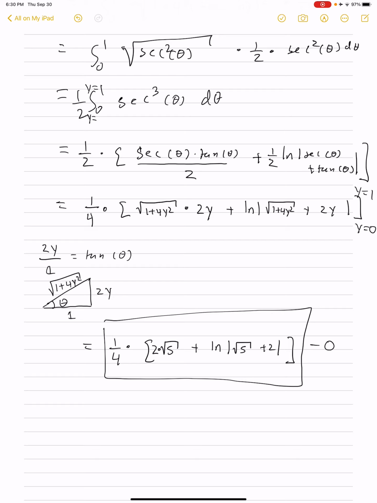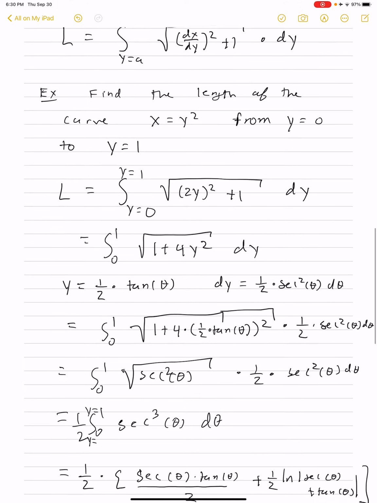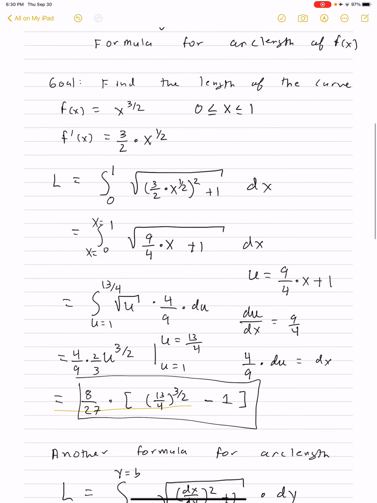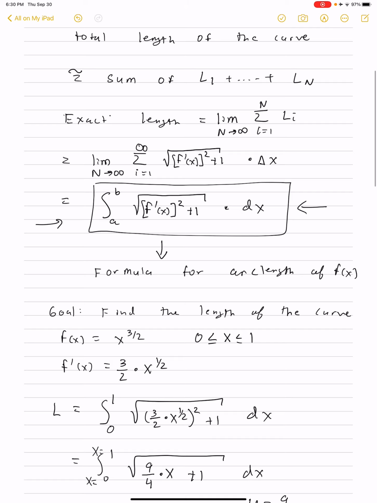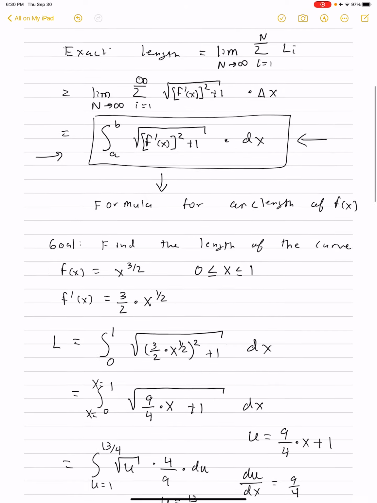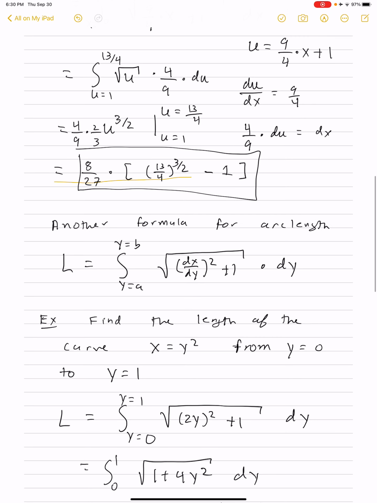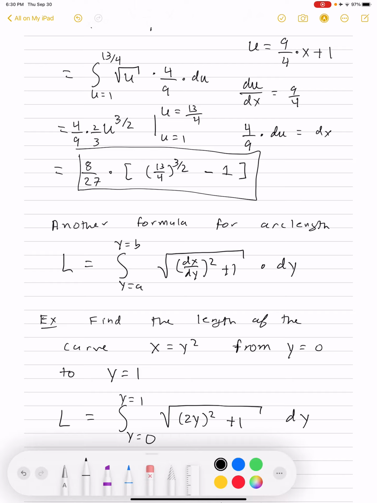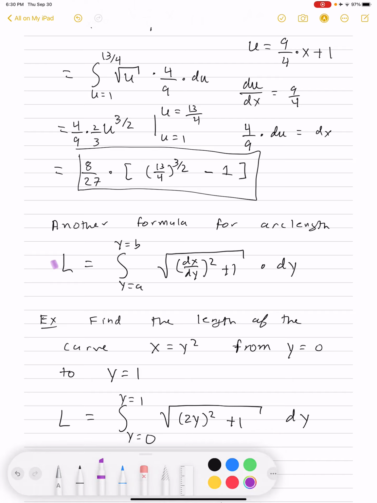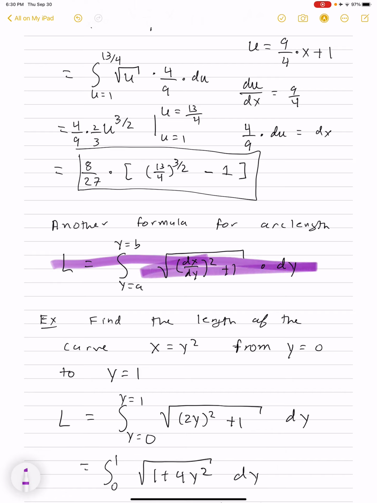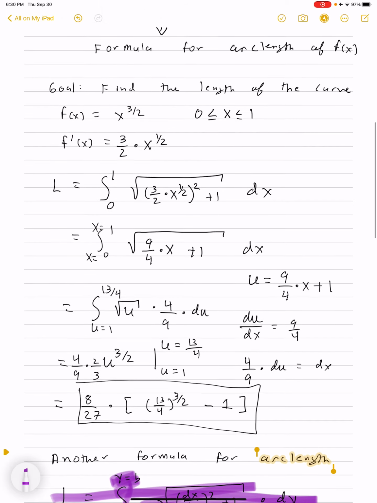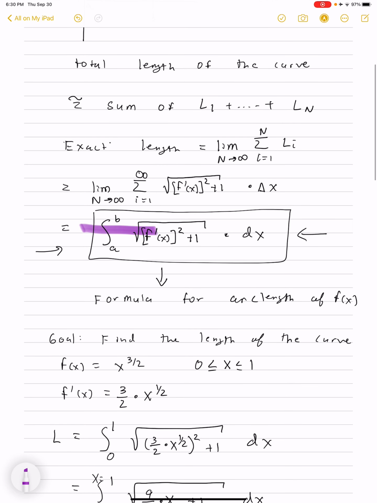But the two key takeaways that I want you to know is the formula for arc length, this is the main one when you integrate with respect to x, and also this one. Here I'll highlight it. So that formula for arc length and also this one.